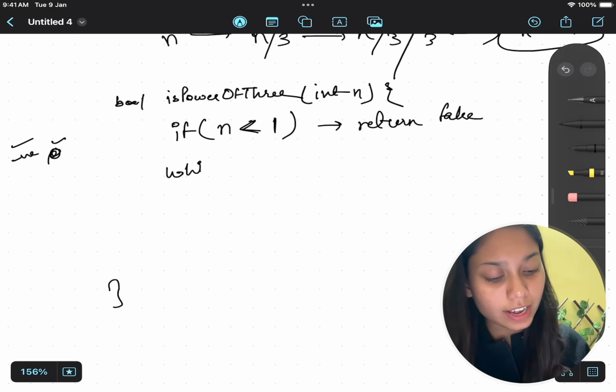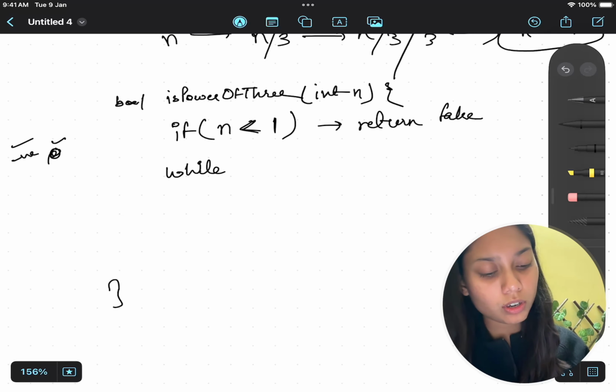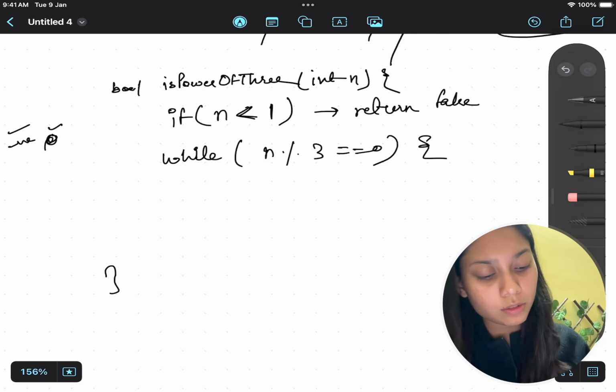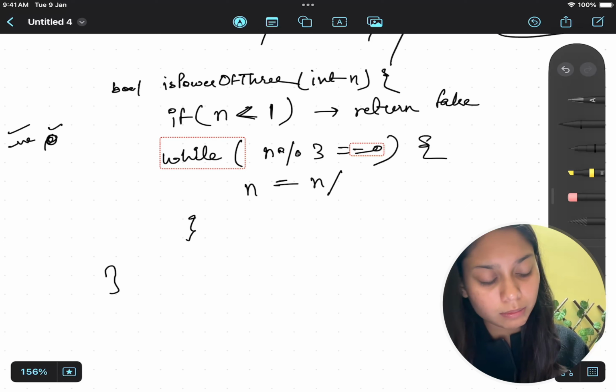Then we use a while loop in order to look for our value, where our condition is n modulo 3 equal to 0. We use this while loop as long as our number is divisible by 3, and inside this loop we just go on dividing n by 3.